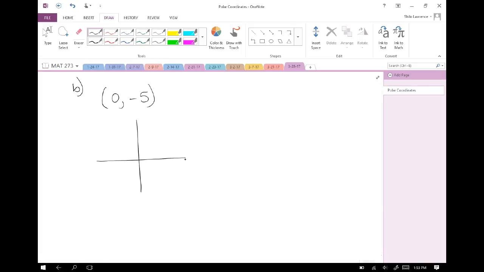Straight down, 5 units. That is called a quadrantal angle or a quadrantal point. It's not in an angle. It's on the dividing line between quadrant 3 and quadrant 4.